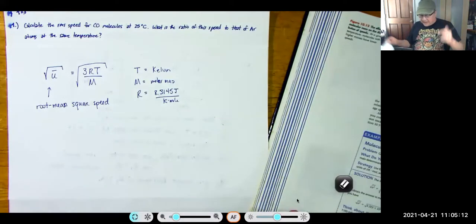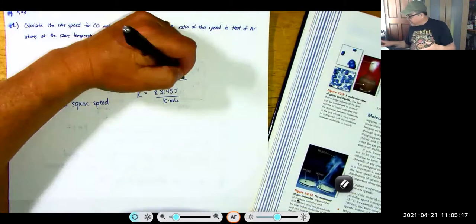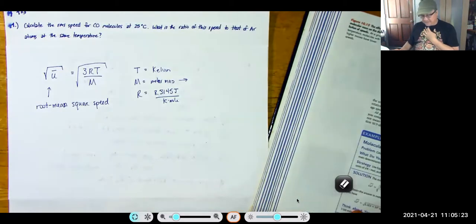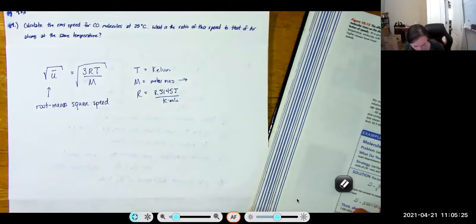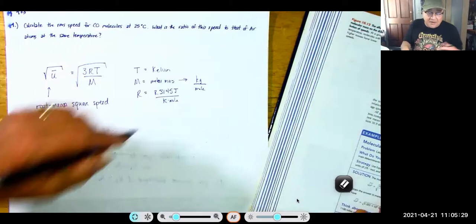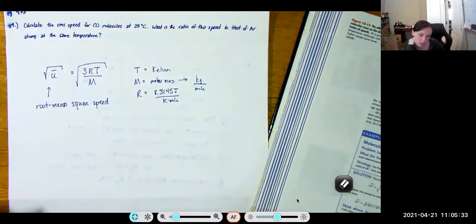All right. And we should say that the molar mass, if you take a look on page 470, you want kilograms per mole so that things cancel out with joules. For the equation in the book, it says that the U is also squared, but it's the square root of that.